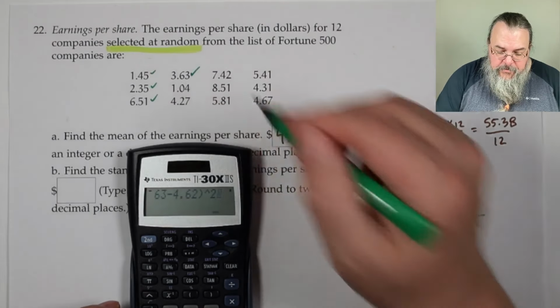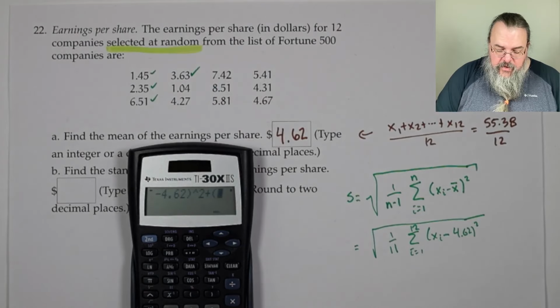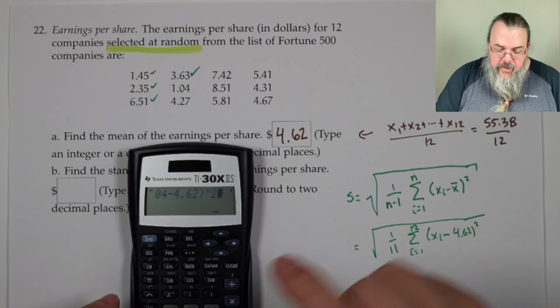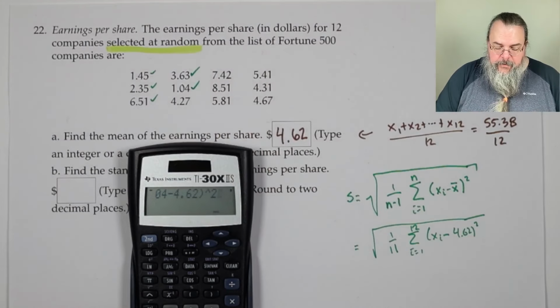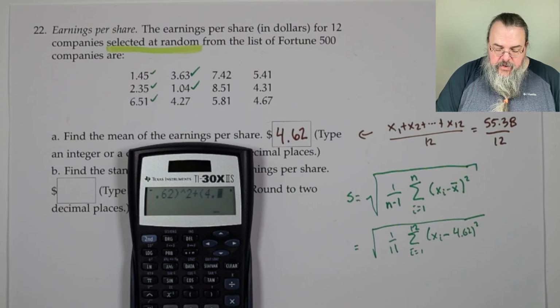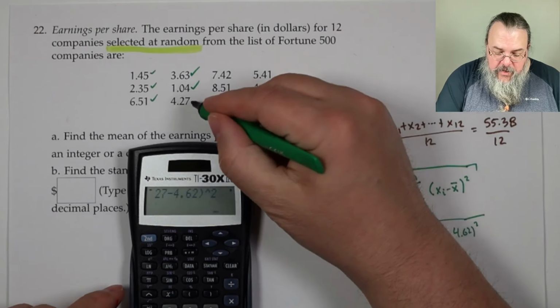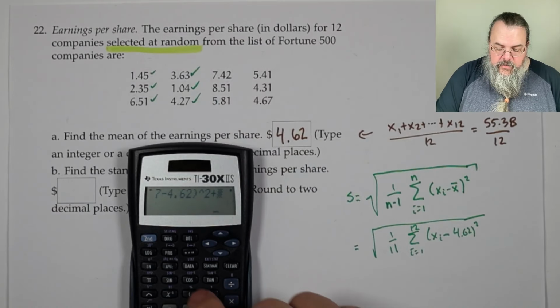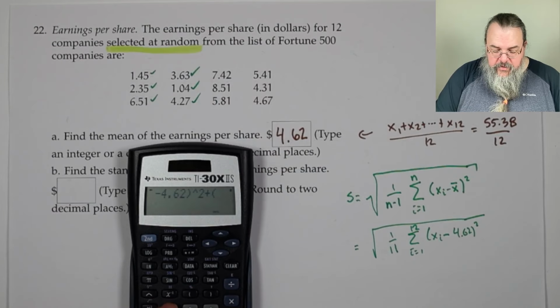Okay, we got that one, plus 1.04, subtract 4.62, parenthesis, squared. Got that one, plus parenthesis, 4.27, subtract 4.62, parenthesis, squared. Okay, we got that one, plus, open parenthesis, 7.42, minus 4.62, parenthesis, squared.